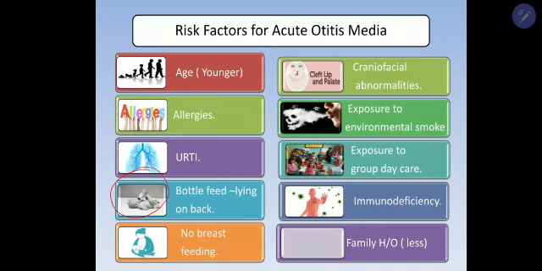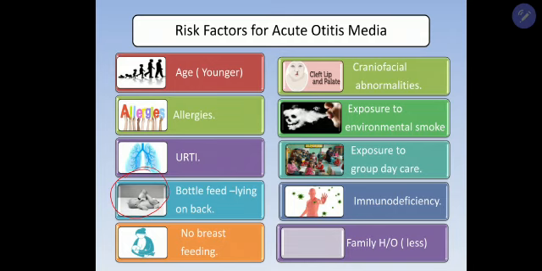Then craniofacial, we mean any cleft palate or such things. Then exposure to environmental smoke. Now, this can be active smoking or it can be passive smoking. In both ways, the smoke is hazardous for this. Exposure to group daycare, where this is a disease of poor socioeconomic status, and the idea is that there are many babies or many people living in one room.